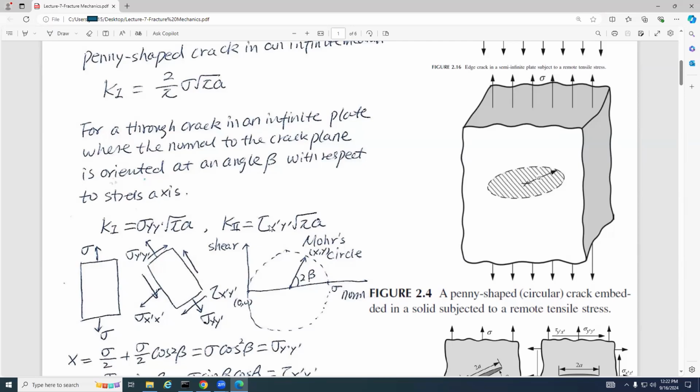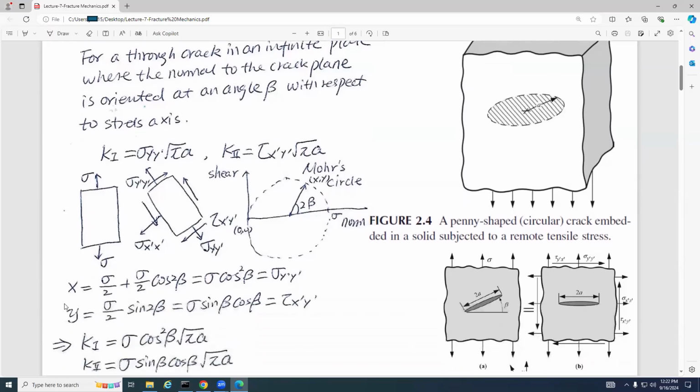Then if I change the direction, this is x prime and this is y prime. This is the theta, the orientation. You can do the stress transformation using either this Mohr circle or this mathematical equation. So here is the mathematical equation.